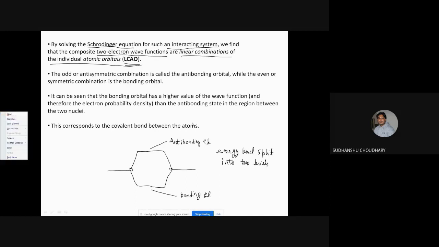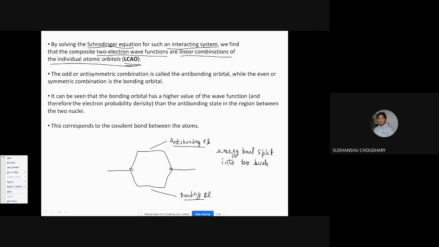Okay. Right. So I'll repeat again that this LCAO, that is linear combination of individual atomic orbital theory, says that when two atoms are brought close together, their individual energy levels split into two energy levels. One is called the anti-bonding energy level, the other one is called the bonding energy level, right?